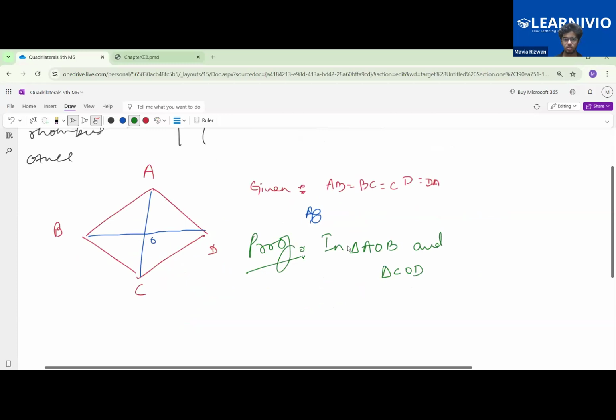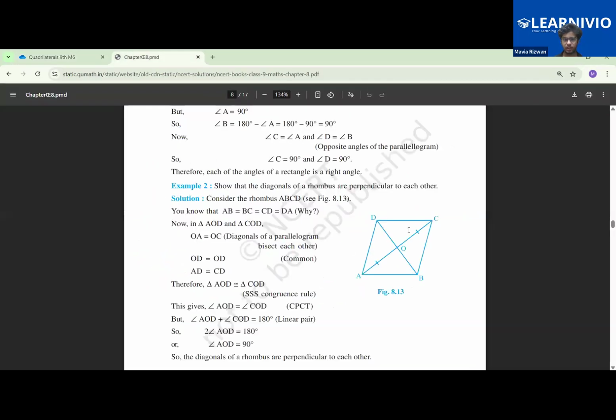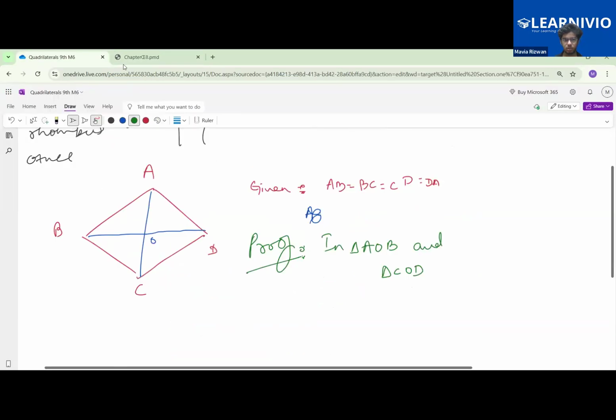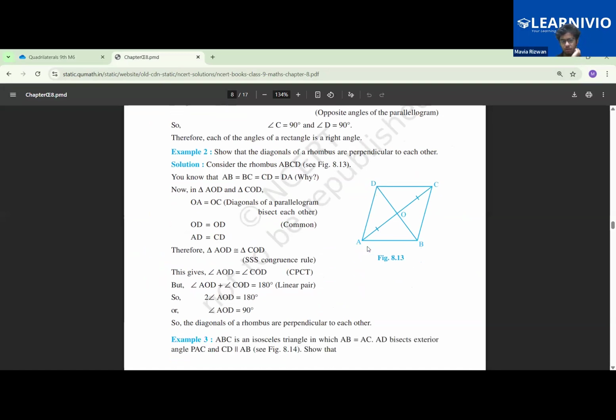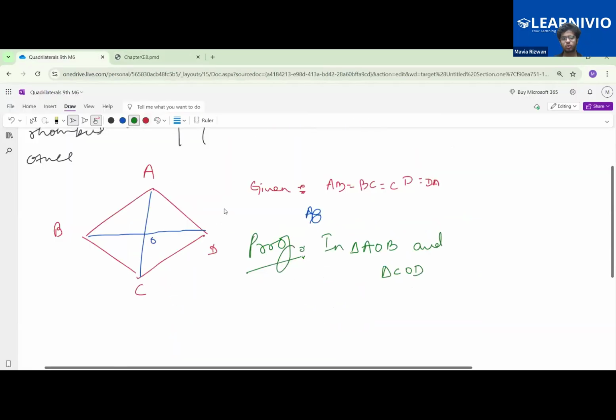See here also we have taken these two triangles, triangle AOD and triangle COD. We can do it by that way also. That would be better. Let's do it by that only.